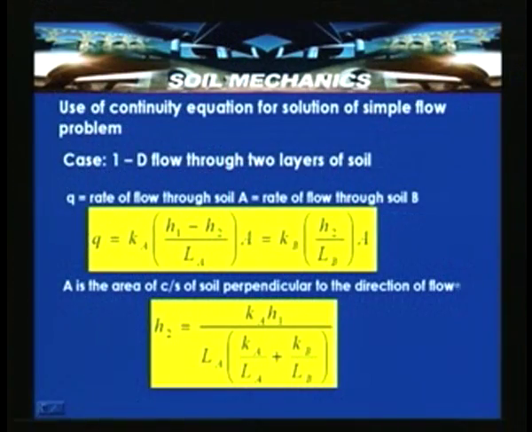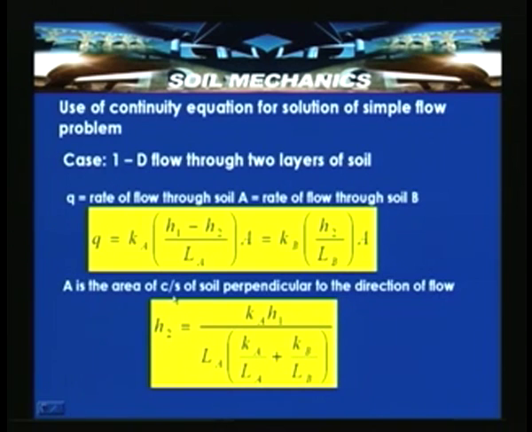Similarly, Kb is the coefficient of permeability for soil B in the x direction, and H2 is the loss taking place from point 2 to point 3. So H2 by LB, LB is the length of soil B, and A is the area of cross section of soil perpendicular to the direction of flow.